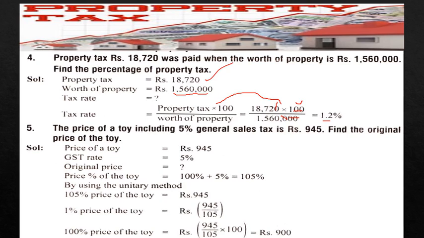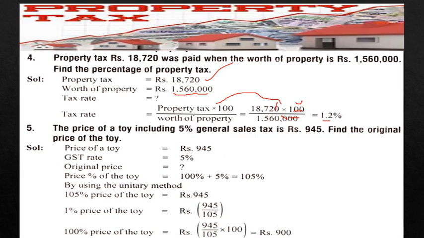Other question: the price of a toy including 5% general sale tax is rupees 945. Find the original price of the toy. Price of toy 945, GST rate 5%, general sale tax. Original price we are finding. Price percent of toy is 100% plus 5%, that is equal to 105.